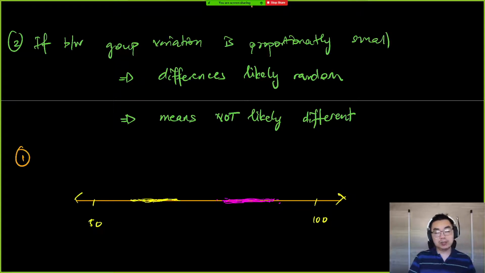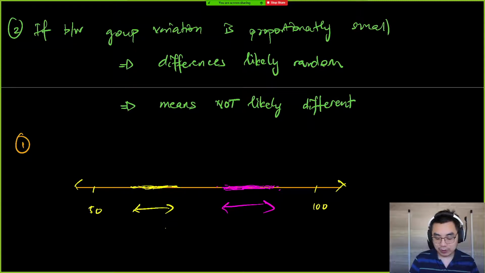Okay, so the within group variation refers to how much variation there is within each class. So these here refer to within group variation, within each group. Now the between group variation represents the variation between each of these groups.